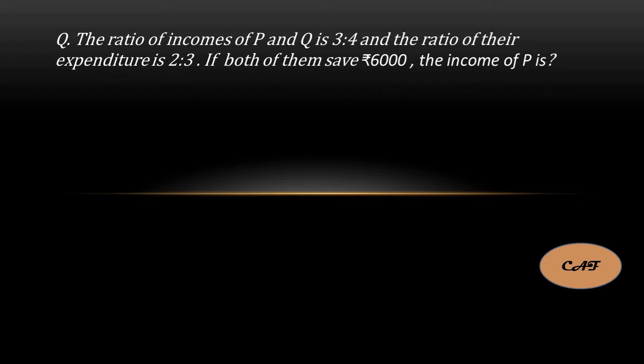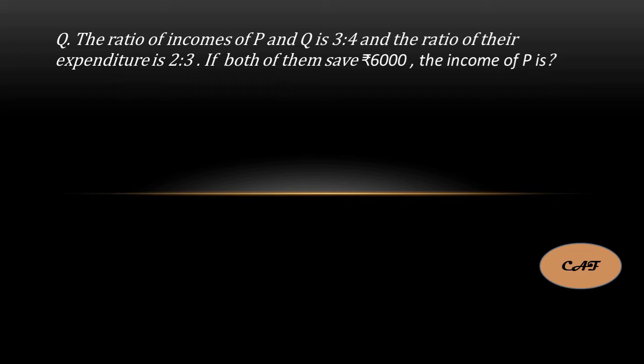Next question. The ratio of incomes of P and Q is 3 is to 4, and the ratio of their expenditure is 2 is to 3. If both of them save 6,000 rupees, the income of P is how much? Indirectly they are giving P is to Q is 3 is to 4 and expenditure is 2 is to 3.